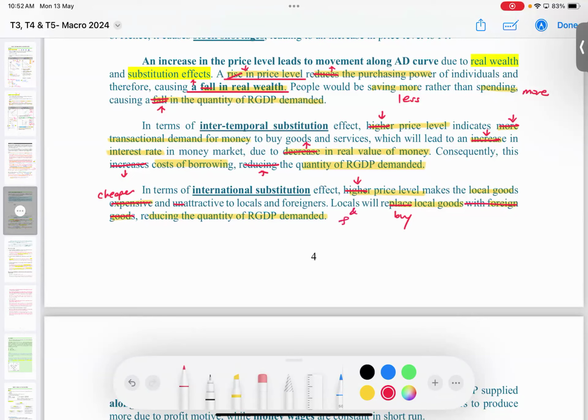Locals and foreigners will buy local goods, increasing the quantity of real GDP demanded. So I'm just showing you that if you want to change the direction, you can just change the words, for you to explain the wealth and substitution effects.